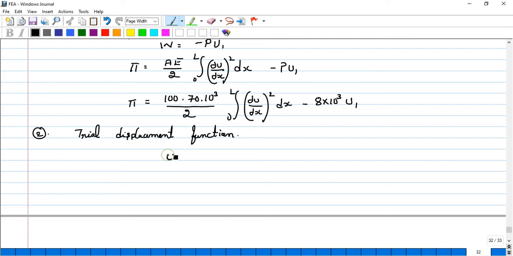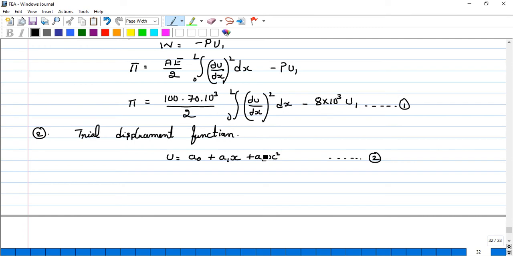That is given by u displacement a0 plus a1x plus a2 x square. Okay, so this is polynomial displacement function. I will assume this as 2, and this has 1. Okay, u is equal to a0 plus a1x plus a2 x square.